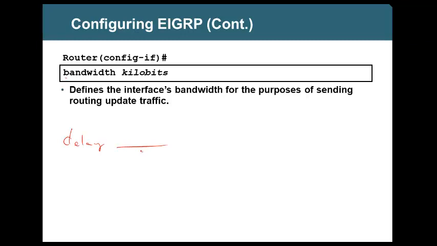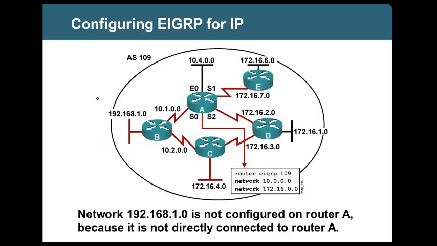Now, when you're advertising EIGRP, you need to advertise only those networks on that router. For example, in this router, I got two 10 networks, 10.4 and 10.1, and then two 172.16 networks.